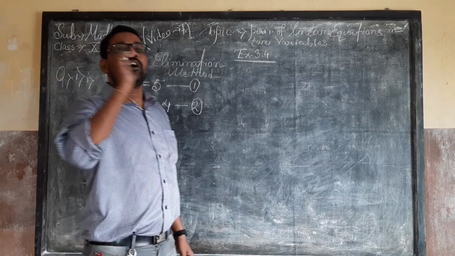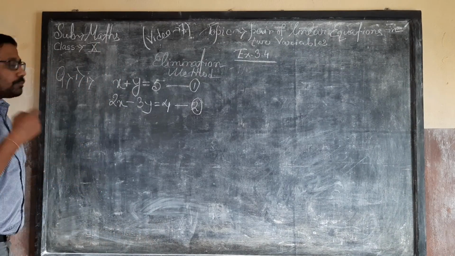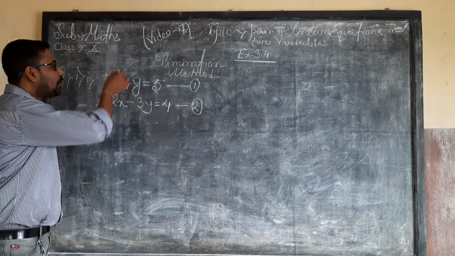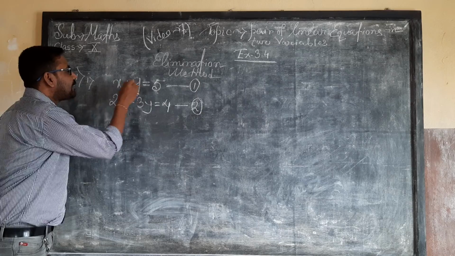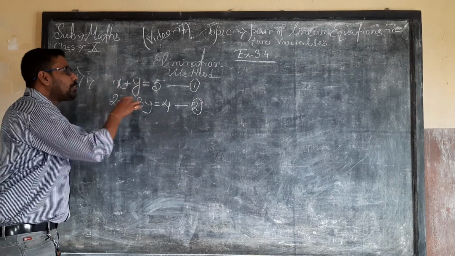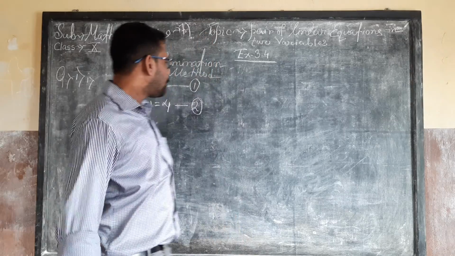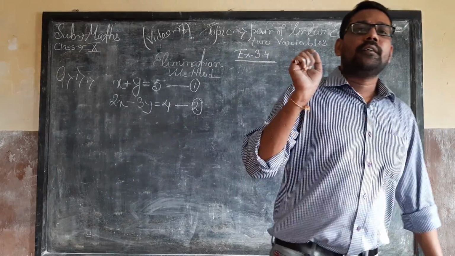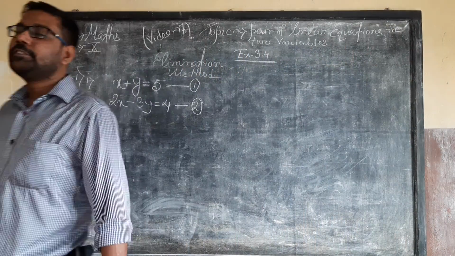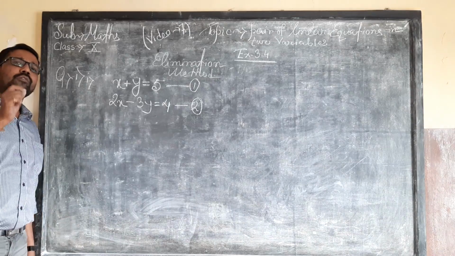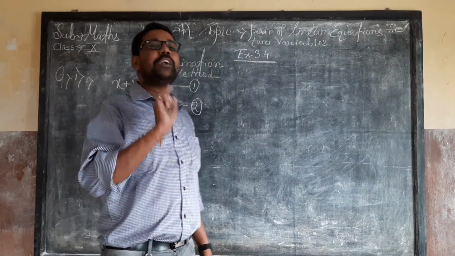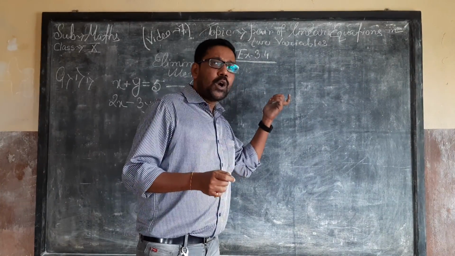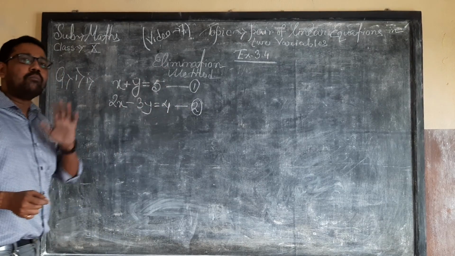So our first step is to equate the coefficient of either x or y in both equations. The procedure is to multiply a non-zero value with equation 1 or 2 or both.